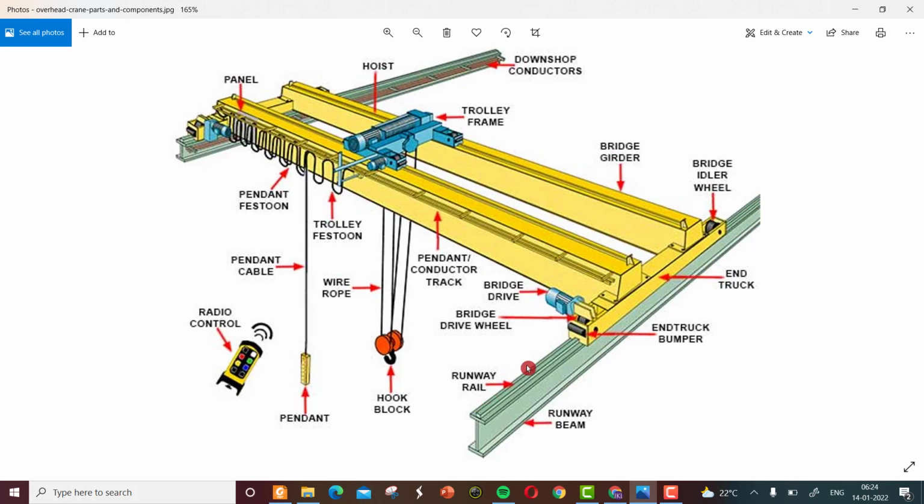It can be moved forward or backward. Similarly, this crab can move along the crane bridge, so that in a big room, any material placed at any point can be displaced to a desired location.